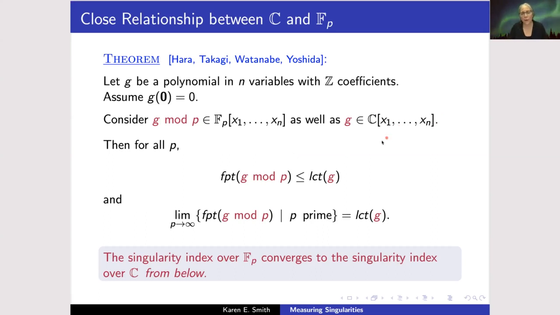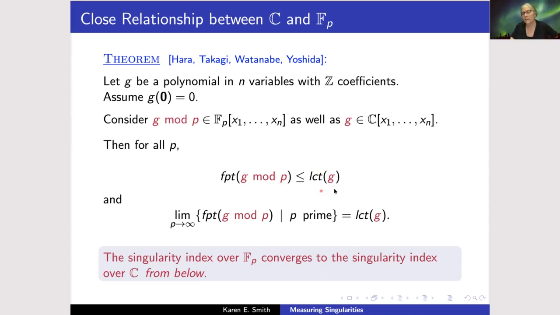And what this theorem says, which was proved by this group of Japanese mathematicians, is that the F-pure threshold is always bounded above by the log canonical threshold. So the F-pure threshold might be smaller, but it could be equal to the log canonical threshold.